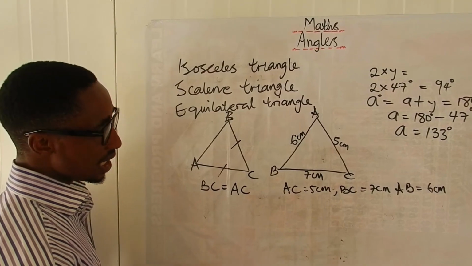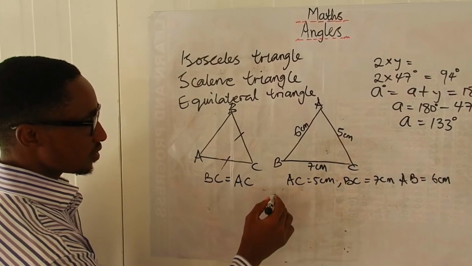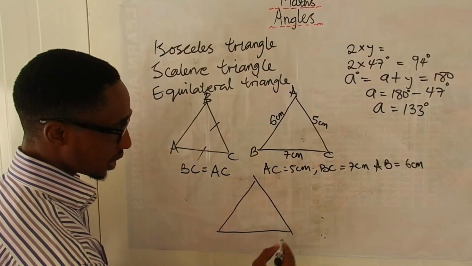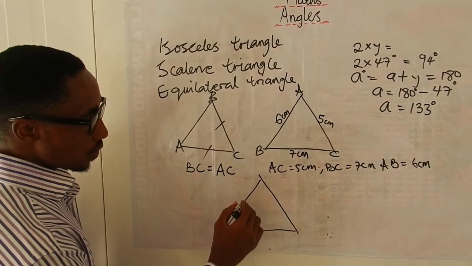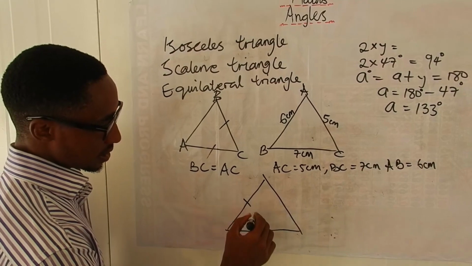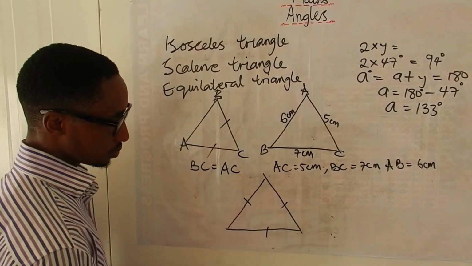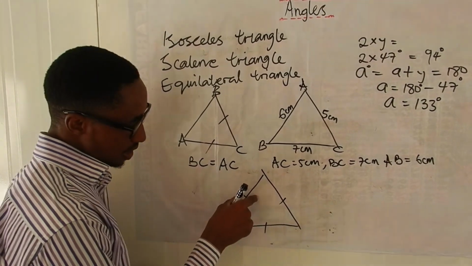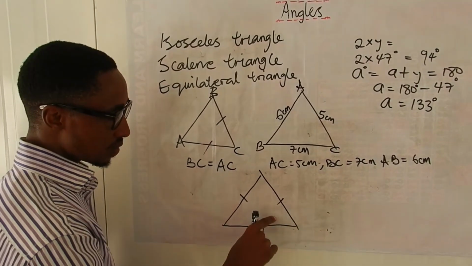Okay? Now the last one we have is the equilateral triangle. Like the name suggests, equi, meaning all three sides are equal. All three sides are equal. This side is equal to this side, is equal to this side.